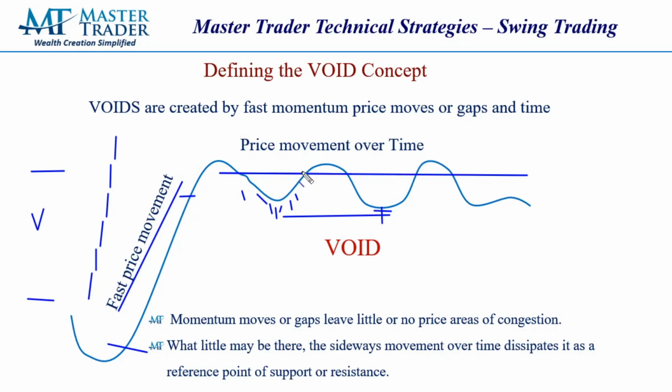Now, what if prices continue to go sideways and they move away from this rapid price movement and there's nothing here to trade against? Well, this big move here, which was an indication of strength, is what I'll call the weakest link. There's nothing here.